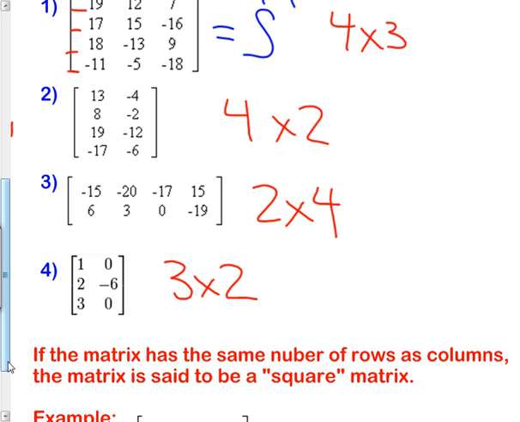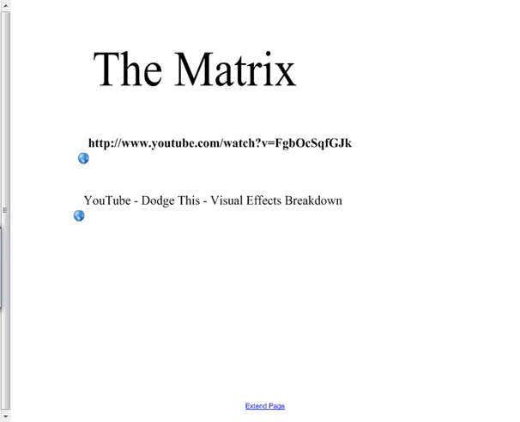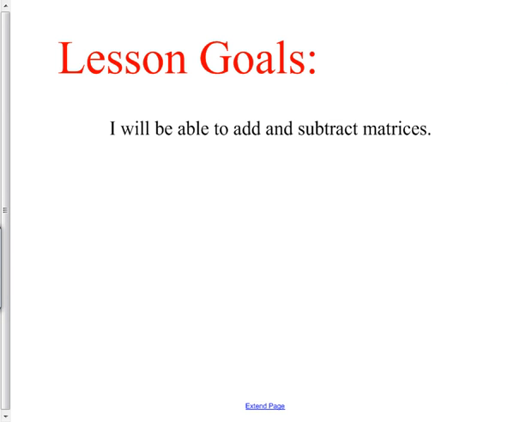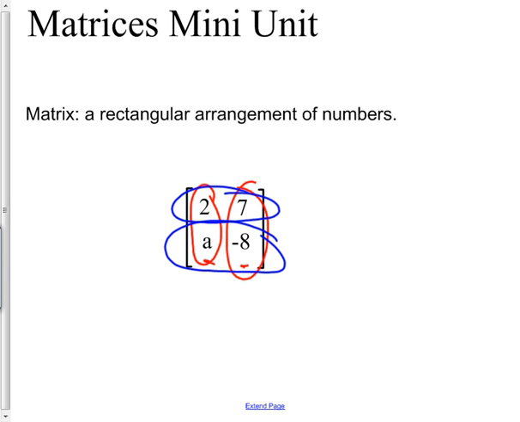Another important thing is, let's go back to the first page here. In this matrix, each variable or number has a number or a name attached with it. So this would be row 1, column 1, because it's the first row in the first column.